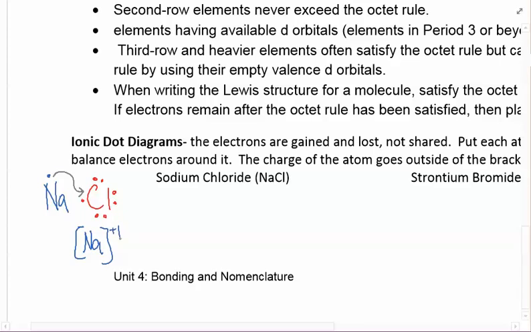Now it's customary not to draw any dots around sodium because the 1 valence electron it had, it no longer has. It does have a full octet below, but you usually don't draw it. And then chlorine now has a full octet. And again, notice how I'm drawing them paired. So we have sodium and chloride ions, so that would be my Lewis structure.